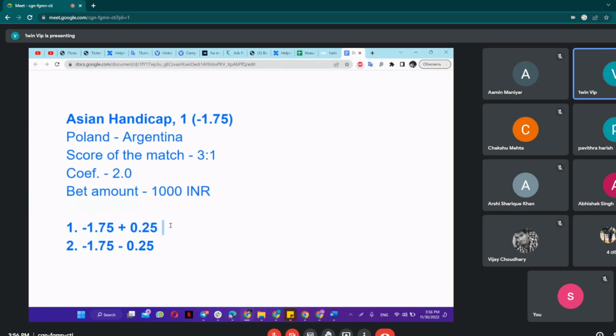The result will be minus 1.5, and the second one, minus 2. So this way, we recalculated Asian handicap into two regular handicaps.